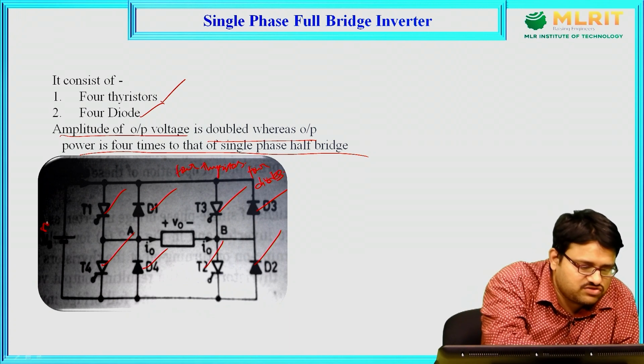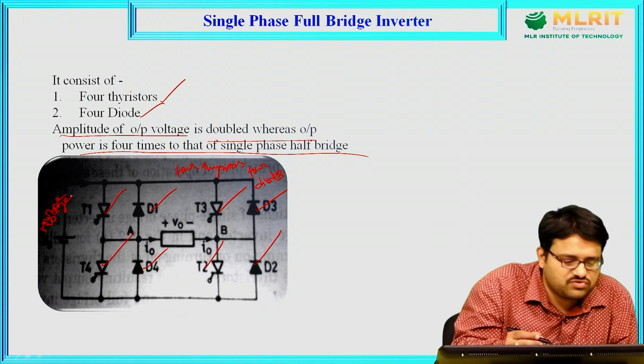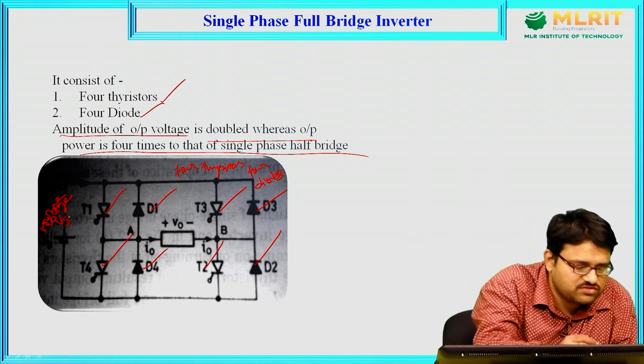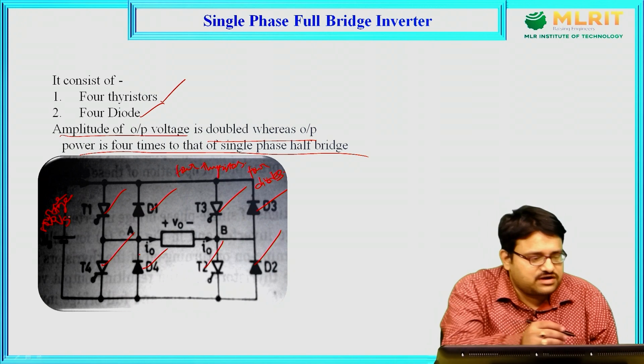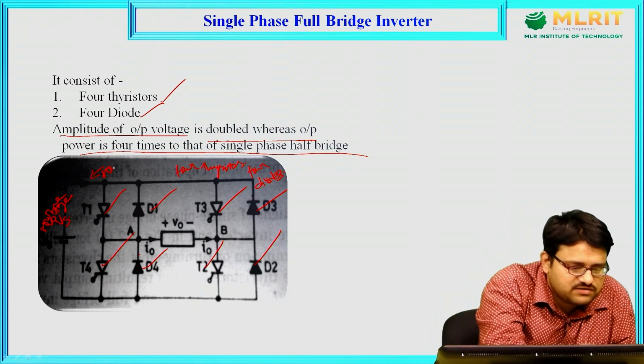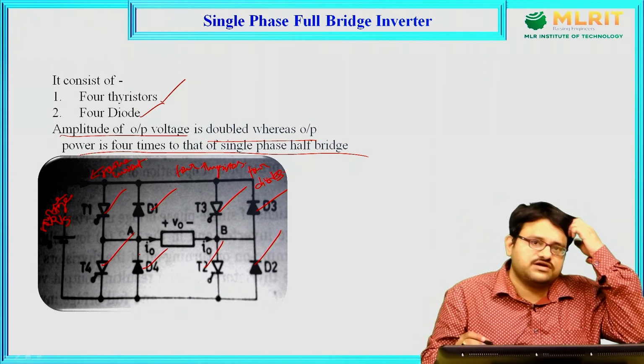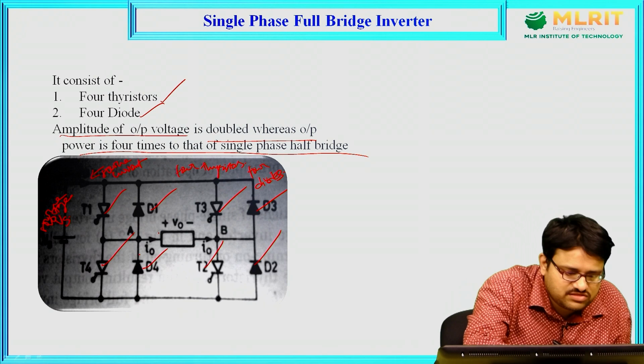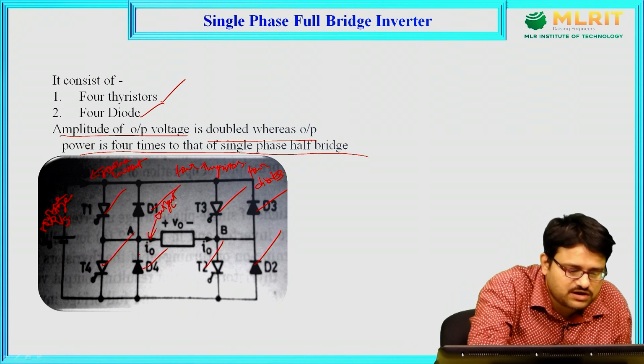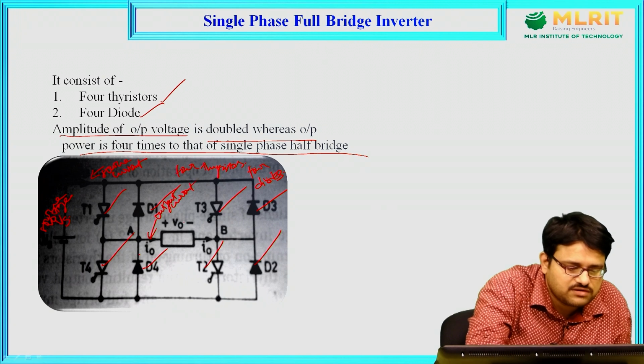Here this is the source voltage Vs, and this is the source current. So this is the circuit of single phase full bridge inverter, and this is the output current, and this is the output voltage.